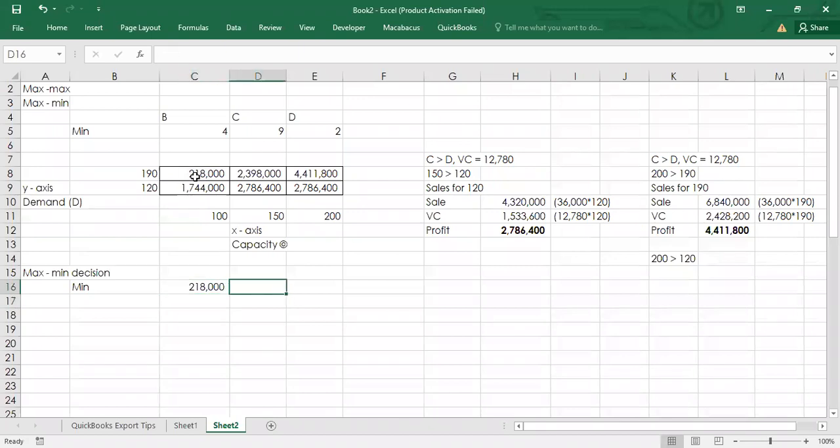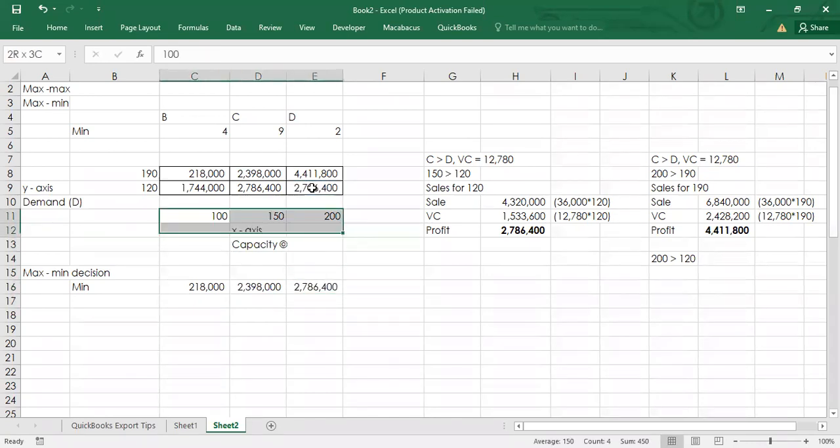Then under 150, the minimum is 2.3. Then under this one, the minimum is 2.7. I'm just borrowing these words since they are nearby. We're interested in which van, of which capacity, we should buy.